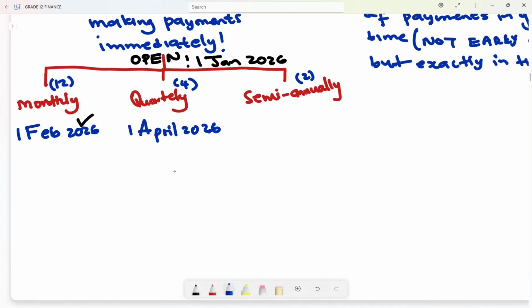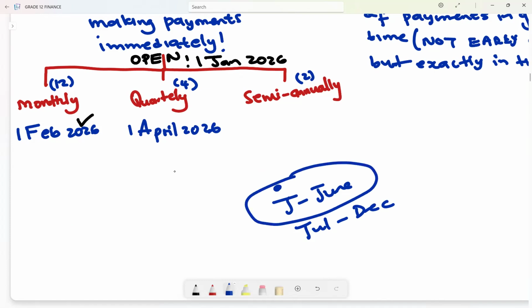And then on this one, semi-annually, you save or deposit twice in a year. It means every 6 months, from January to June, and then from July to December. So if you open your account in January, you should skip the first 6 months and start making your payment in what?